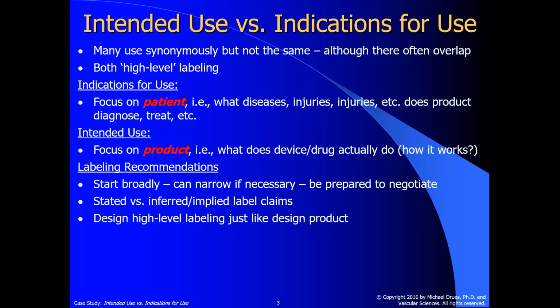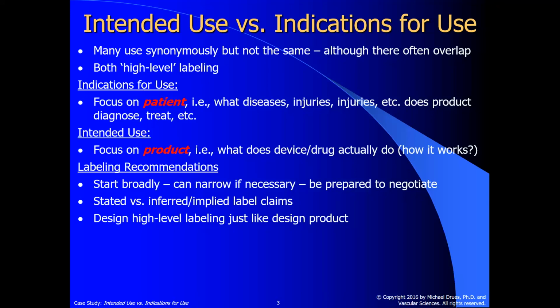Because oftentimes what we want to say from a regulatory perspective is diametrically opposed, 180 degrees out of sync from what we want to say from a reimbursement perspective or a product liability perspective. This is why it truly has to be a team effort. We cannot think of regulatory strategy in isolation. It has to be designed with reimbursement in mind, with product liability in mind, with intellectual property in mind, and so on and so on.